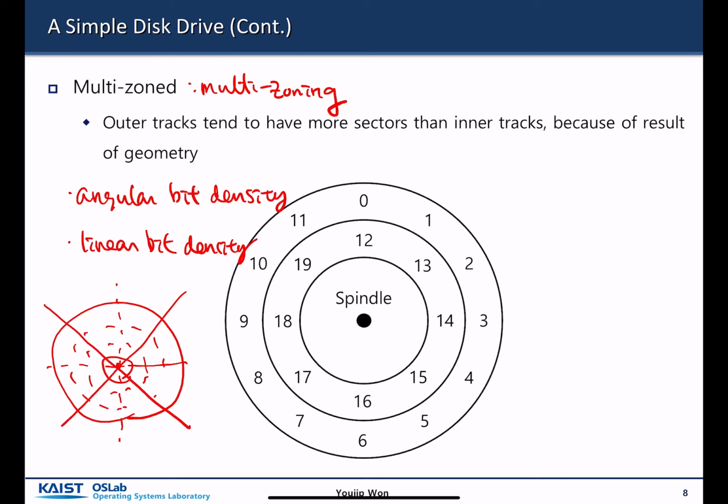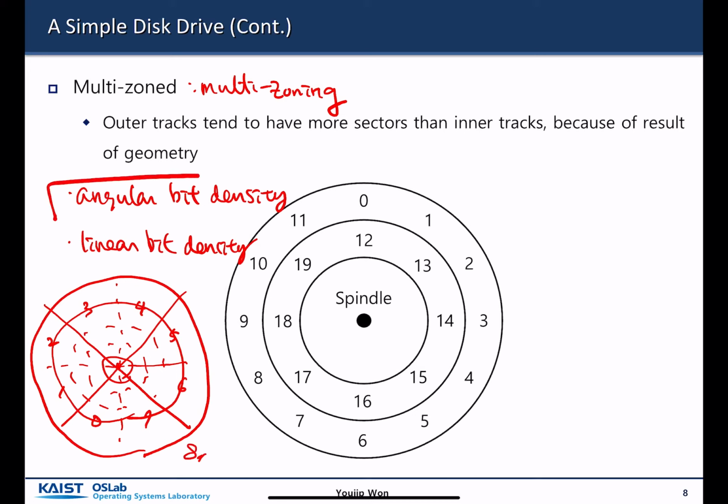So here in this platter, independent of perimeter, every track has precisely the same number of sectors. So each track has the same number of sectors, which is 8. So in this disk, the angular bit density is constant. However, of course, the outer track has a much larger perimeter than the inner track.